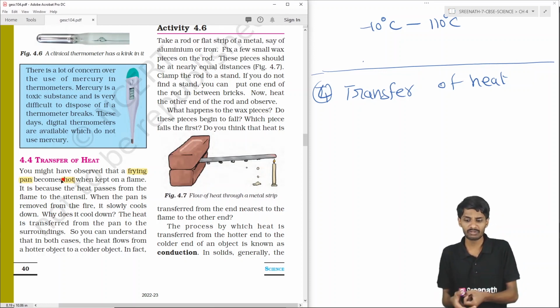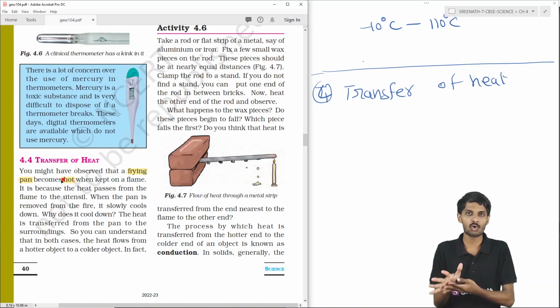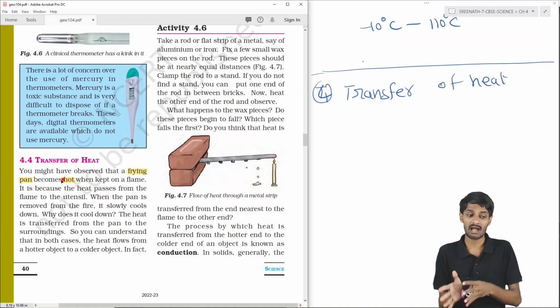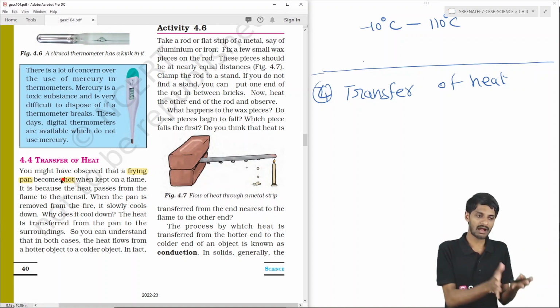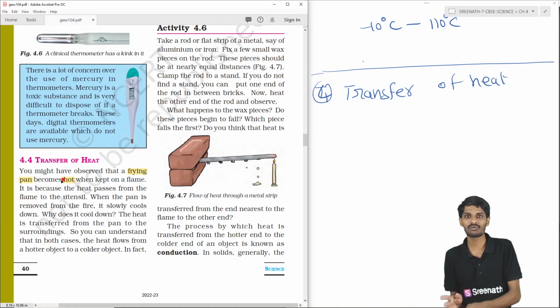Okay, students, before we put the pan on the stove, the metal plate or the whole pan is not hot. But after putting it on the stove, cooking on it, and removing it, what happens? That frying pan becomes hot. What is the difference between before and after?